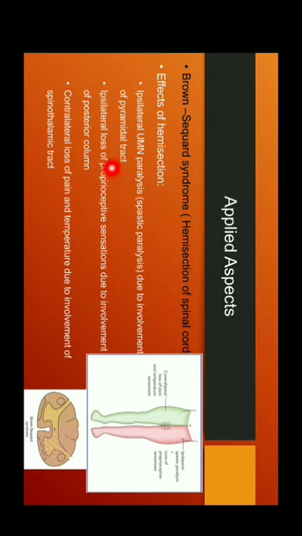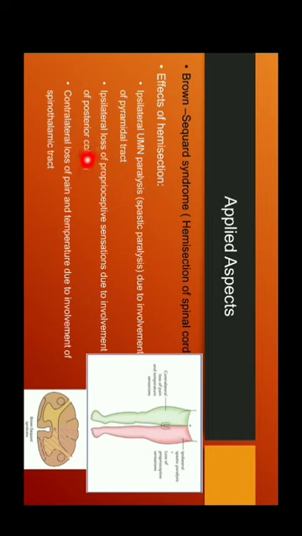What does it mean? It's paralysis on the same side, because the pyramidal tract fibers cross above in the medulla oblongata. So when the damage occurs to the spinal cord, the pyramidal tract on the same side is lost, and there is an ipsilateral loss of proprioceptive sensations.